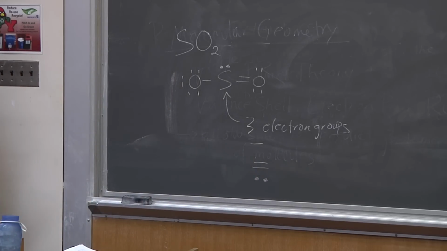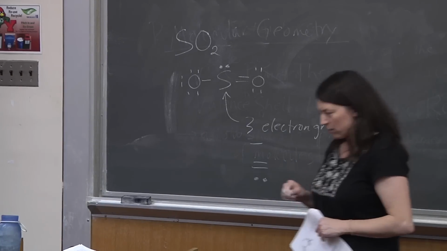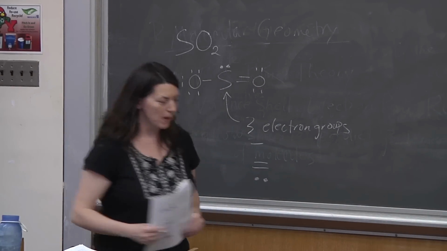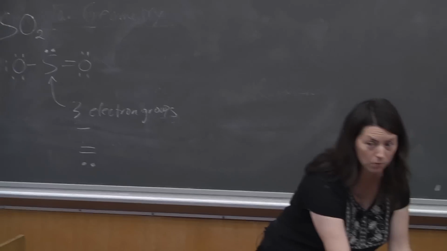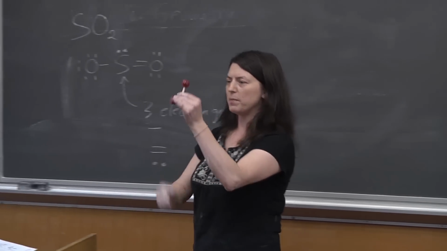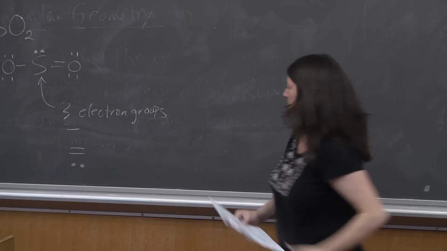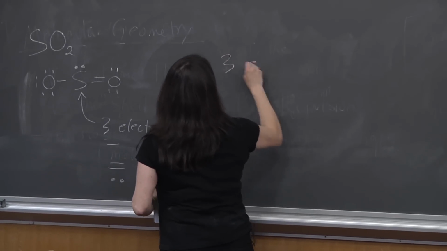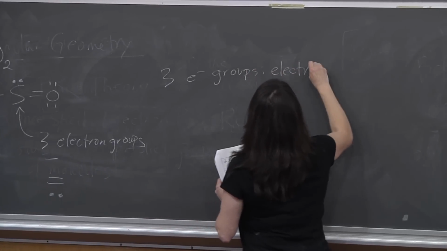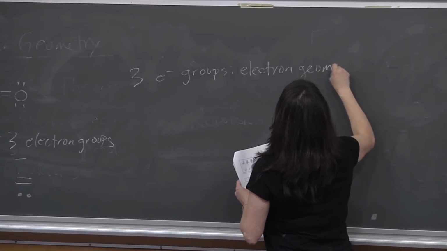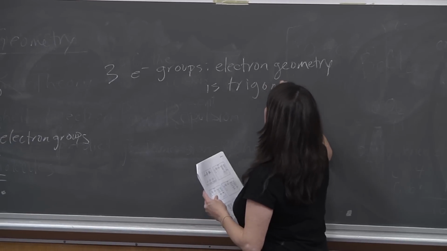Okay, now what that means is the electrons are still going to repel each other just the way they did in BF3, boron trifluoride. If you have 3 electron pairs, it's still going to form the electron geometry, which is trigonal planar.